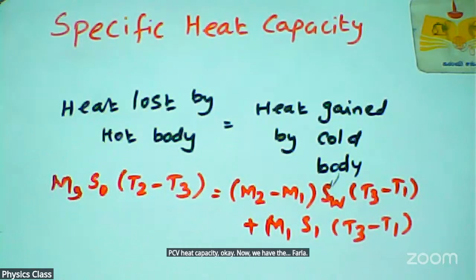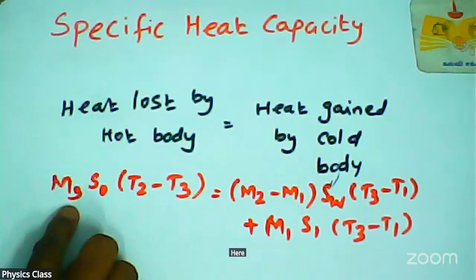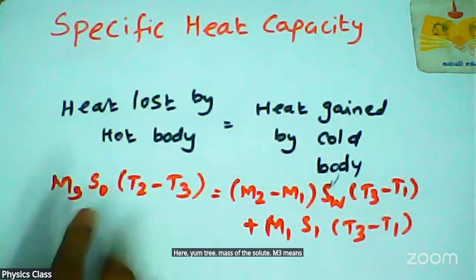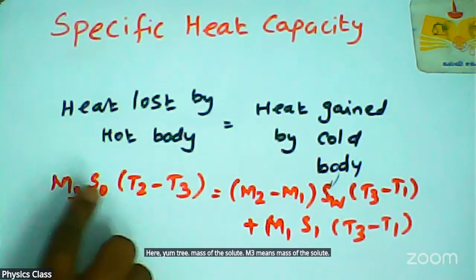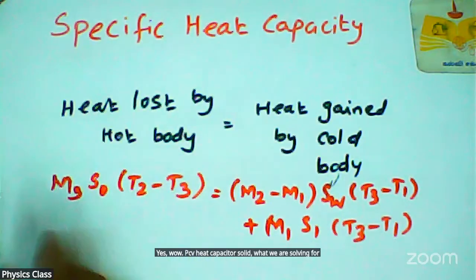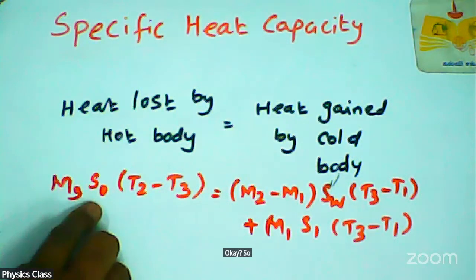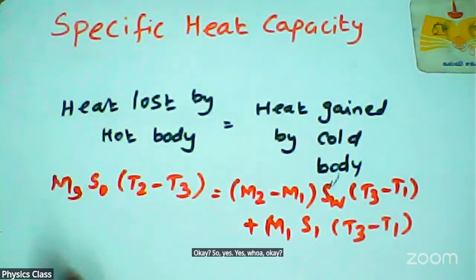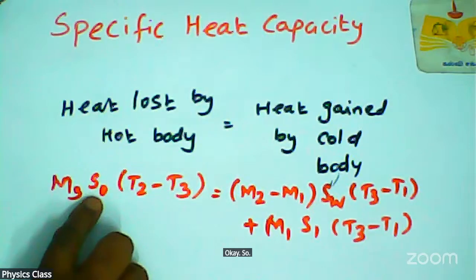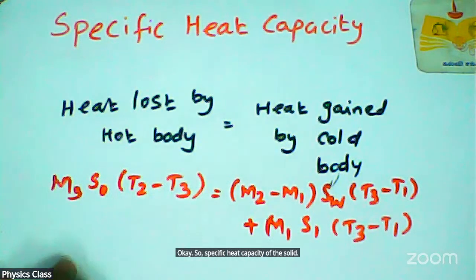Here M3 means mass of the solid. SO is the specific heat capacity of the solid, what we are solving for. You can also call it S0. M3 is the mass of the solid.